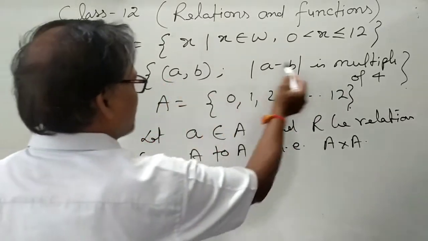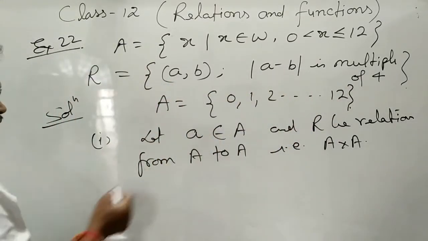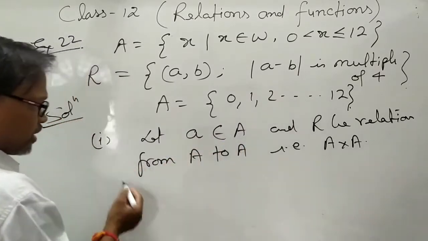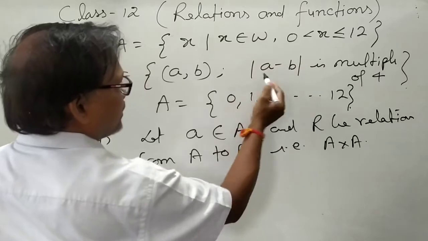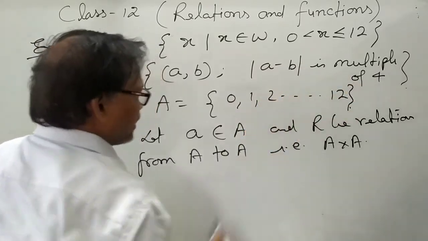This you have to keep in your concept: when you show the reflexive or any other thing, you take this condition, A minus B is a multiple of 4.